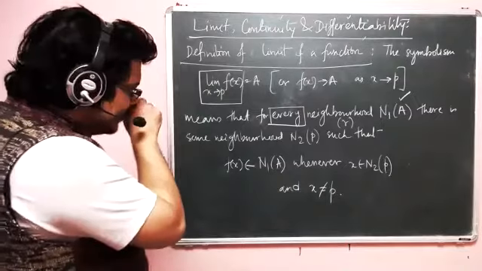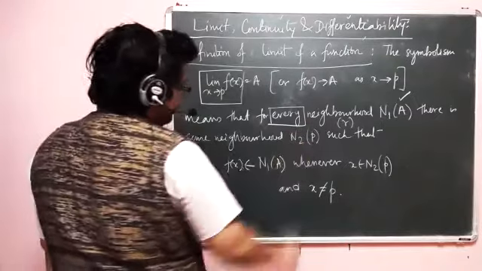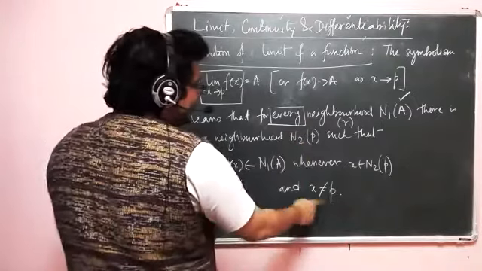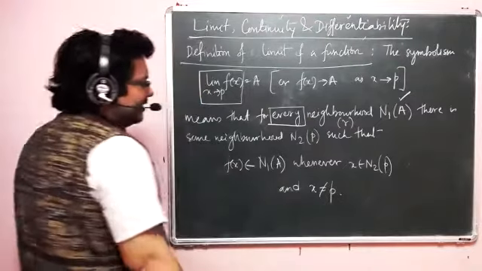We are interested in the smallest possible neighborhood, not at x equal to P. Whether it happens or it does not happen, we do not care.